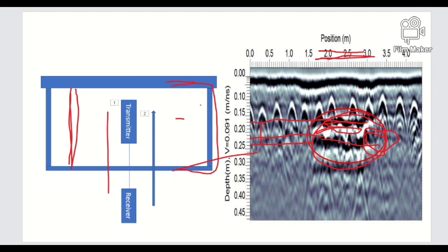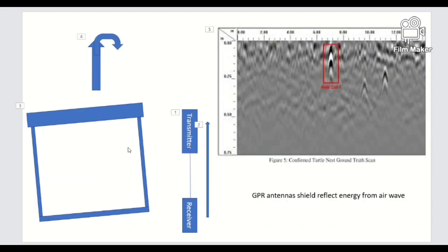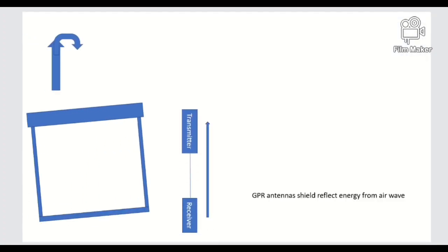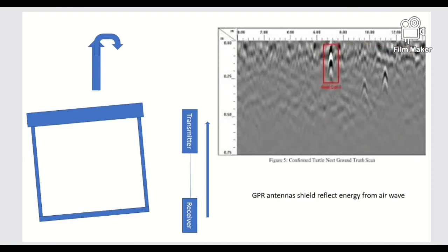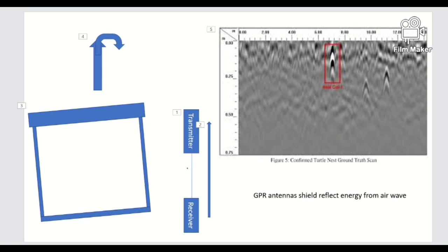And also we can determine the length of the object. If the GPR goes beside any building or any lamp post, the reflected wave can be recorded through the GPR.